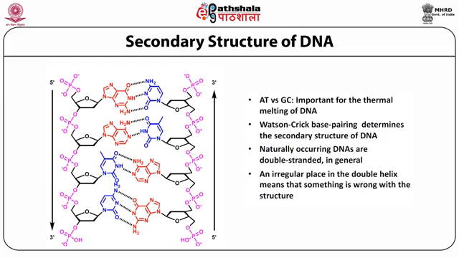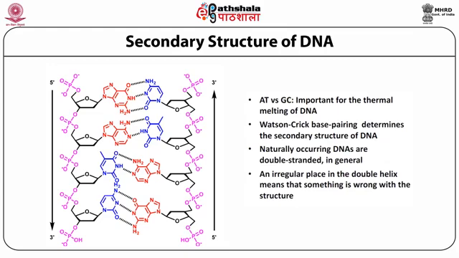And this is very important, that this is based on Watson-Crick base pairing, and this particular pattern of hydrogen bonding determines the secondary structure of DNA. Another important thing is that, depending on the segment of DNA you have, it can be AT rich or GC rich.